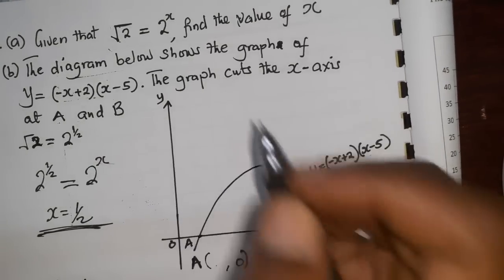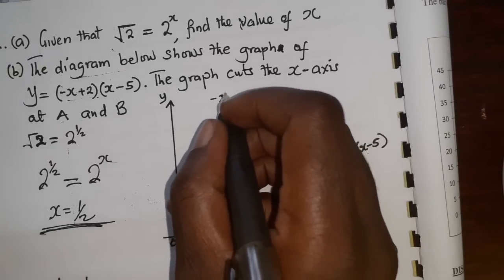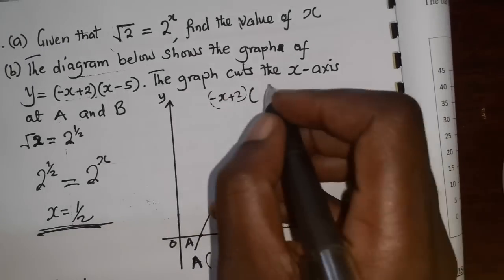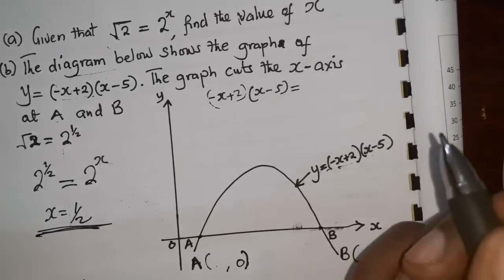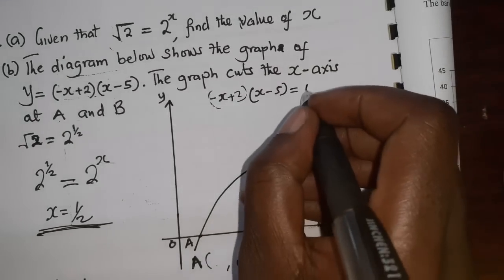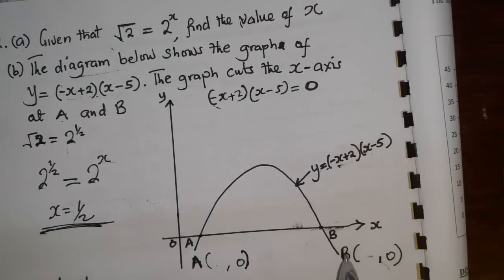So you say, I'll write this and say negative x plus 2, then x minus 5, is equal to 0. I'll put 0 here because we're asking ourselves, what is x when y is equal to 0?